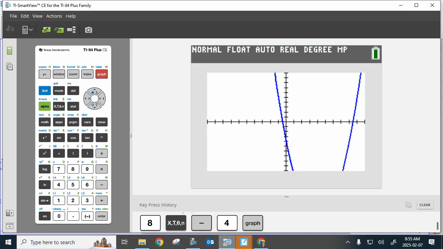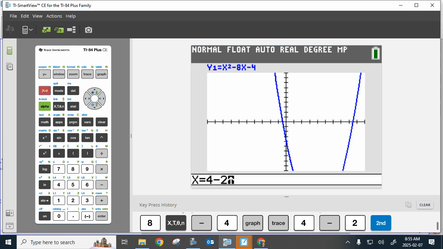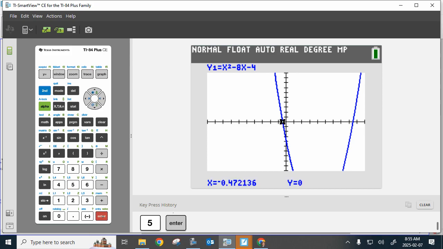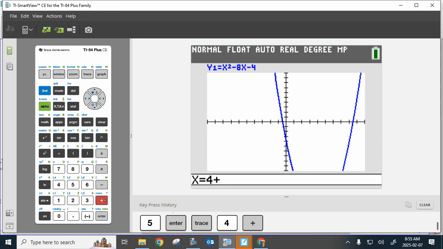If I push trace, and I put 4 minus 2 square root 5, that was one of my answers, right? I just got y equals 0. If I push trace again, 4 plus 2 square root 5.